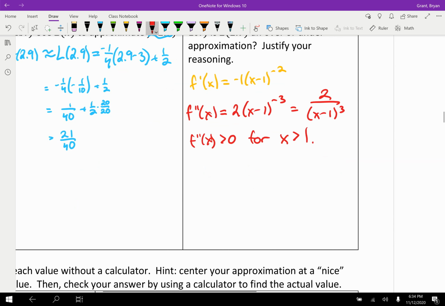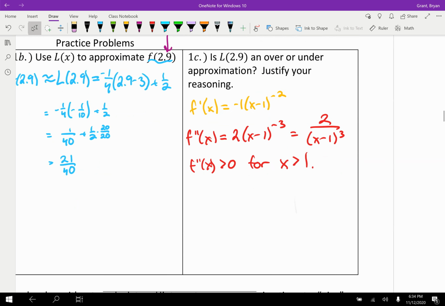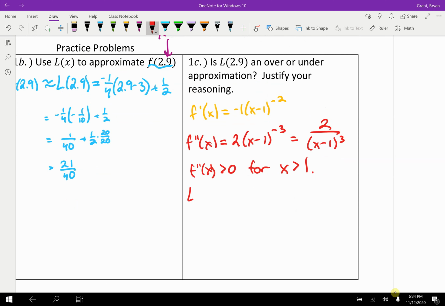So now we're going to go ahead and actually answer the question, right? And our question is L of 2.9 is an, well, I don't actually know, concave up, greater than 0, something like this. Think about your tangent lines. Tangent lines are below.